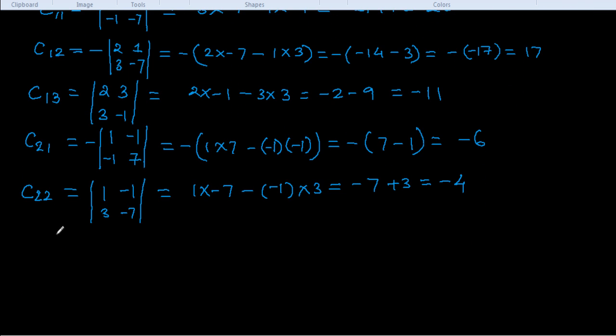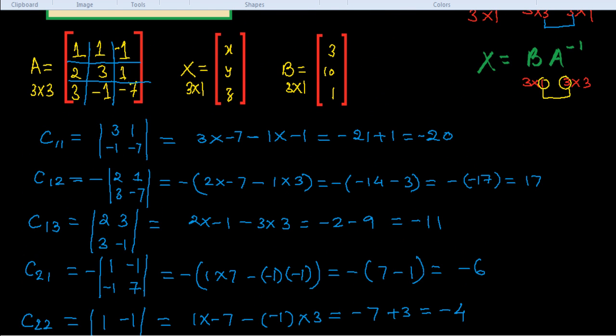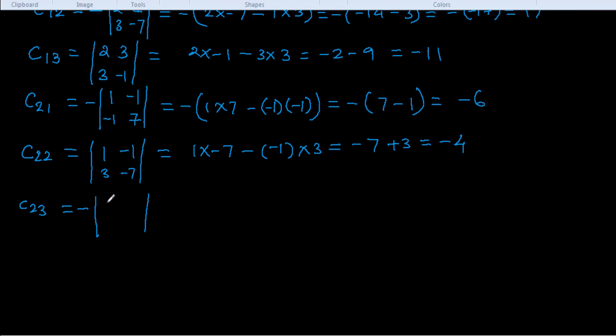Now C23. It is odd, 2 plus 3 is odd, so we have to get the negative sign outside this, and we put the value. The 2 3 element is this, so we have to leave this column and this row. The remaining elements we have are 1 1 3 minus 1.